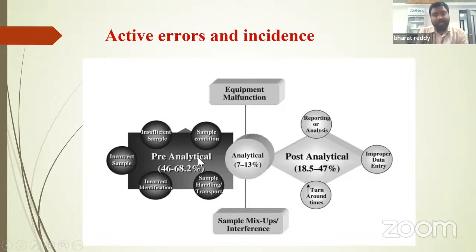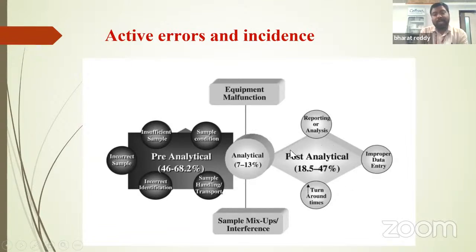Coming to pre-analytical errors, these are based on insufficient sample condition, how the sample is conditioned and transported, incorrect sampling, incorrect identification, and sample handling and transport. All these constitute pre-analytical errors. Analytical errors are mainly based on equipment malfunction and our routine laboratory procedures.